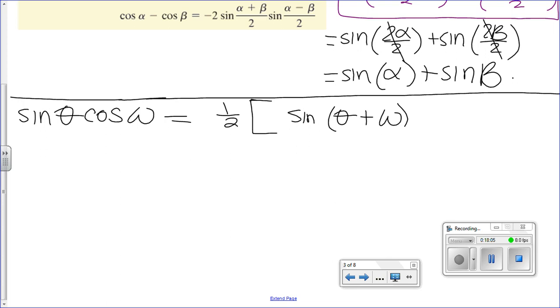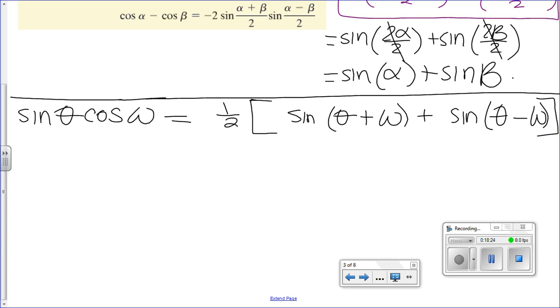But then we add the sine of the first angle, theta, minus the second angle, omega.